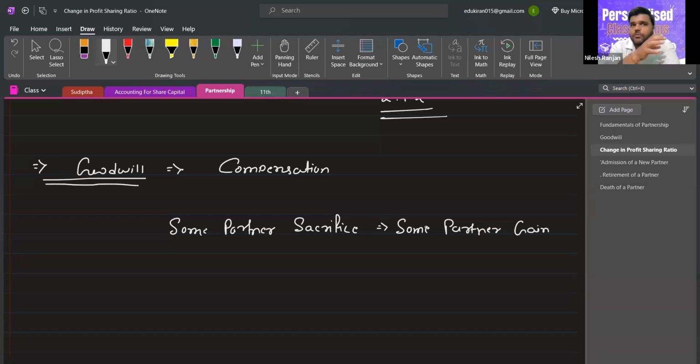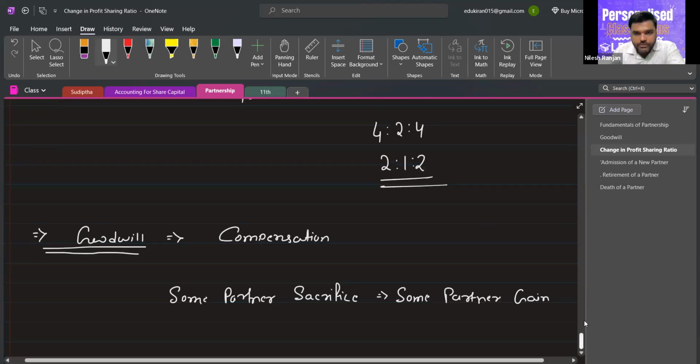So what do you think? If A, B, and C are three partners, their profit sharing ratio is 3:2:1, like we have done in our previous example.